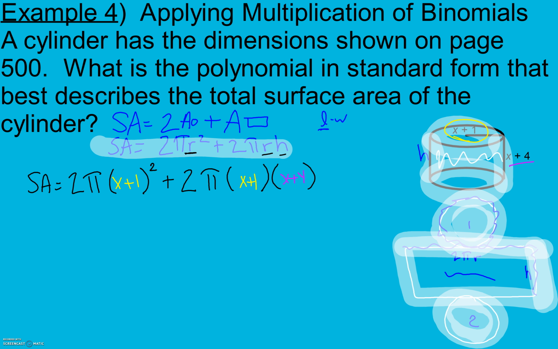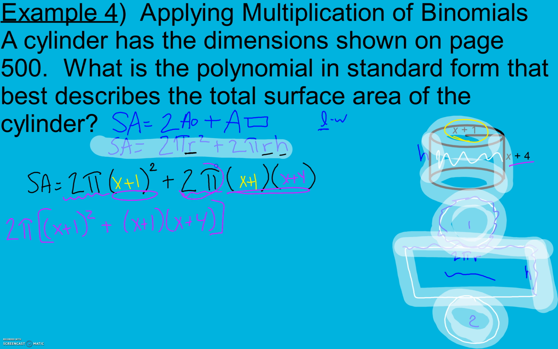If we look here, I have a common factor, 2 of them actually. I have a 2 in both terms and a pi in both terms. So I can factor out what's common and multiply by what's left. So left, I have x plus 1 squared plus x plus 1 times x plus 4.